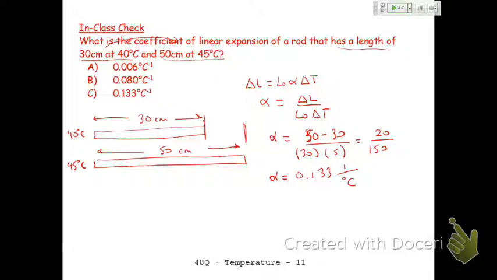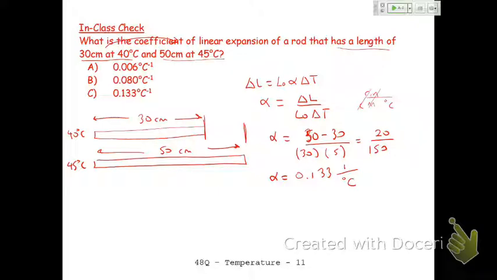Okay. On a test, I'd be more careful with my wording. But the way you get your units is you look at your equation. Change of length is in meters, and my original length is in meters, or centimeters in this case, and they're going to cancel. And degree C is on the bottom, so 1 over degree C. That's why, because the centimeters cancelled, it doesn't matter if I'm in meters or centimeters in this case.